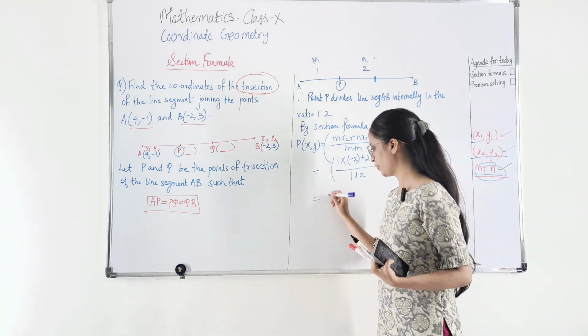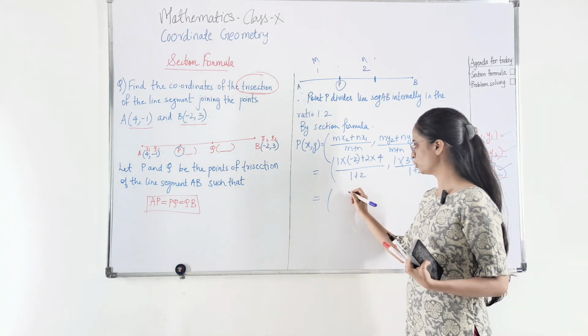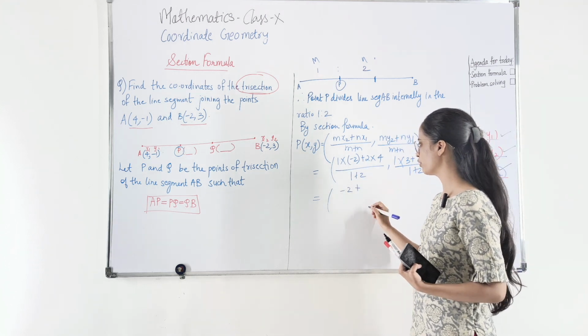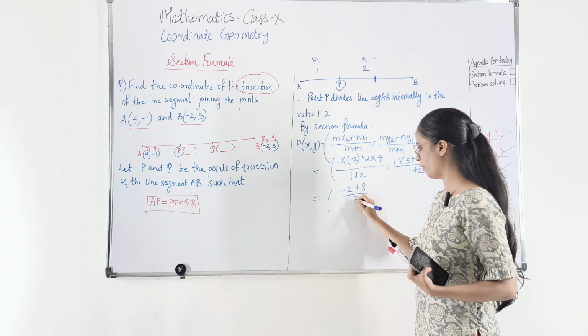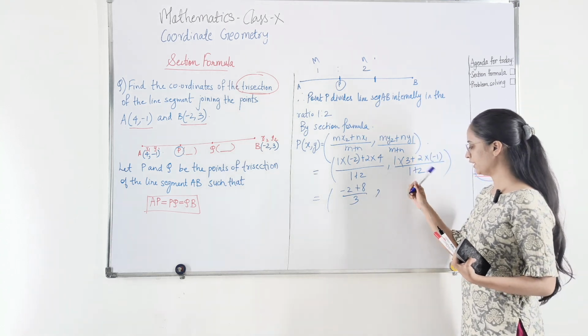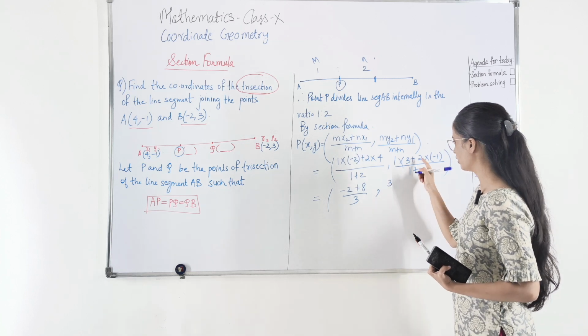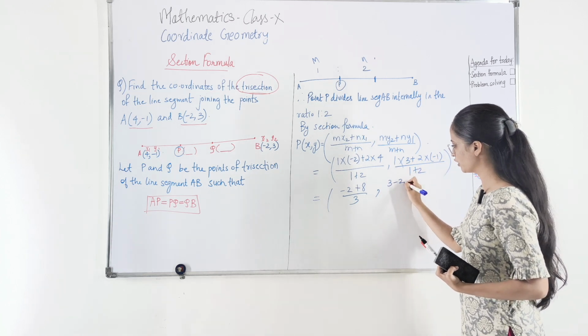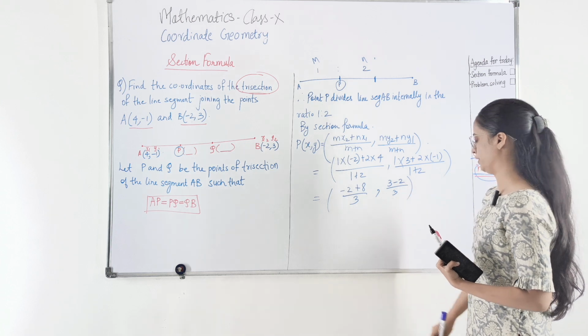So that is equal to 1 into -2 is -2 plus 2 into 4 is 8, the whole upon 3, comma 1 into 3 is 3, 2 into -1 is -2, the whole upon 3.